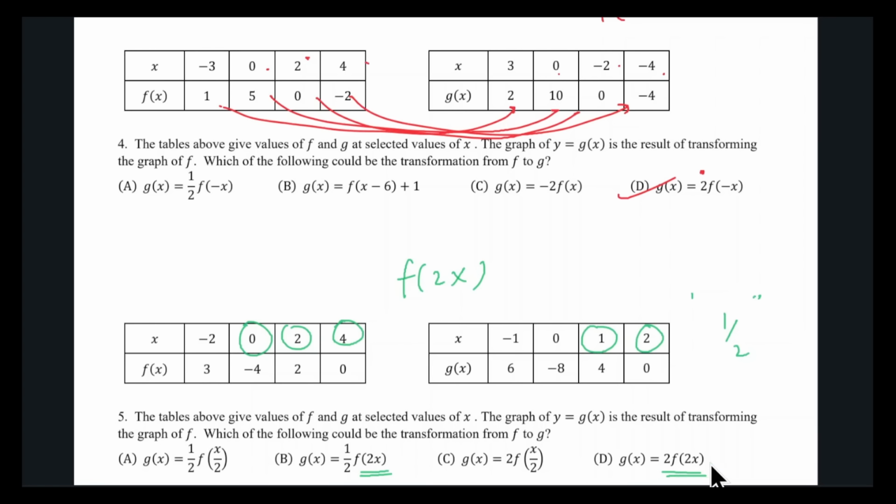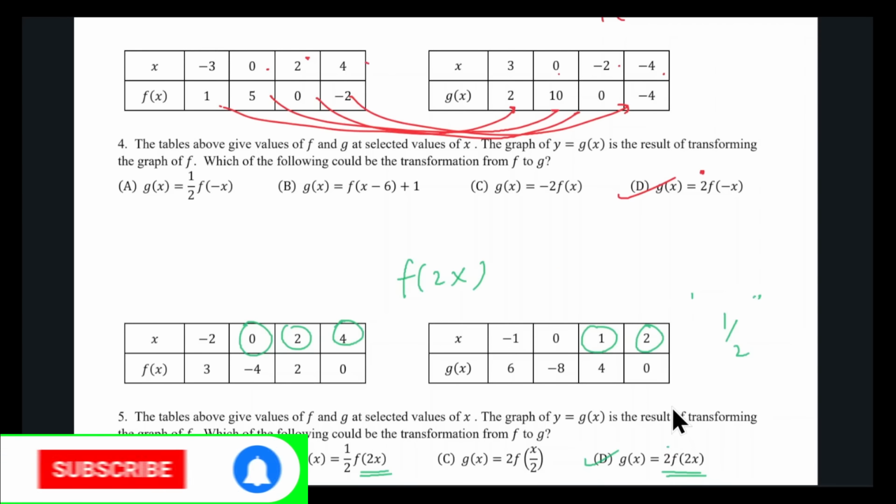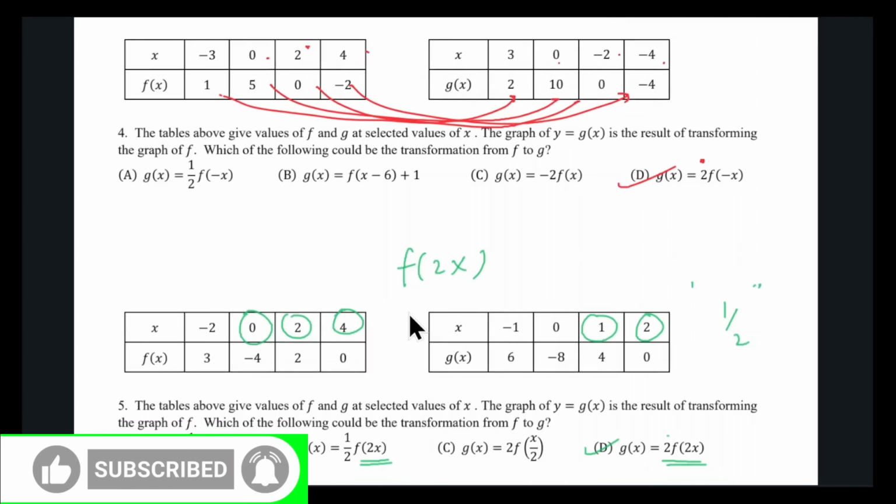So it is C, it is B or D. And then all the y coordinates become double, right? So if the y coordinates become double, then there should be a 2 on the outside. So there will be a vertical dilation by a factor of 2. So there should be 2 times f of 2x.